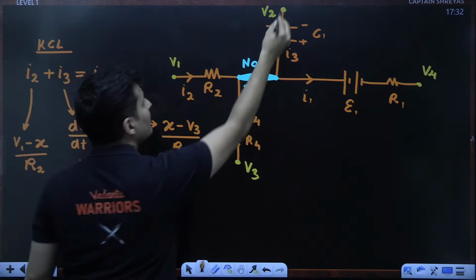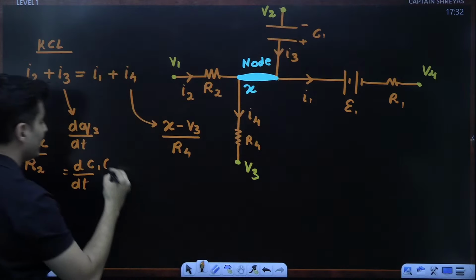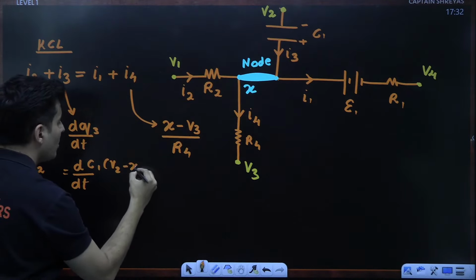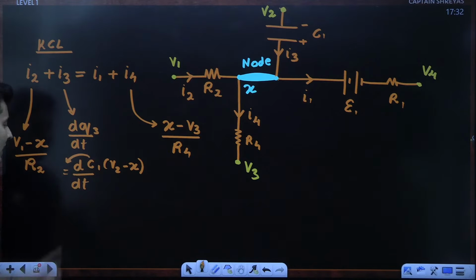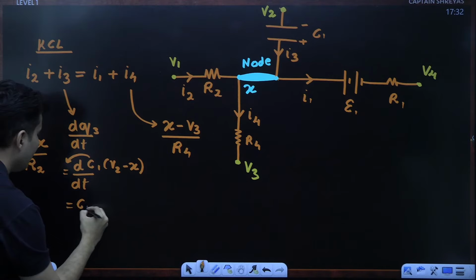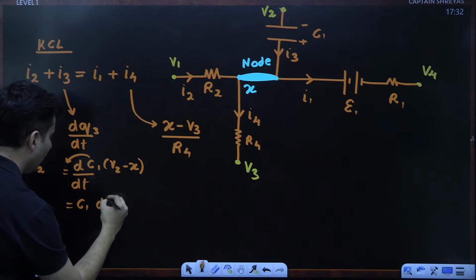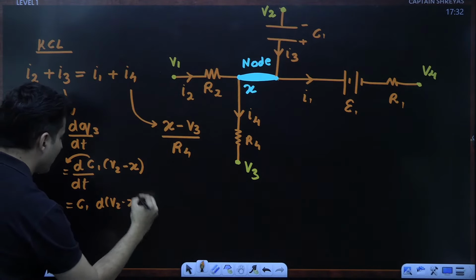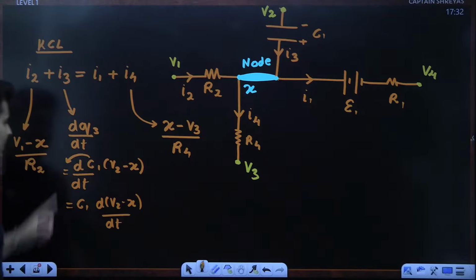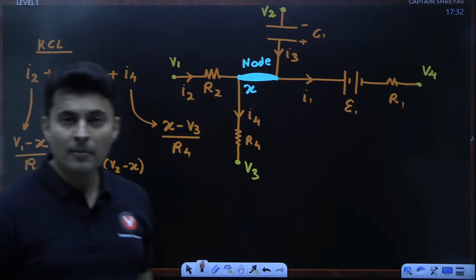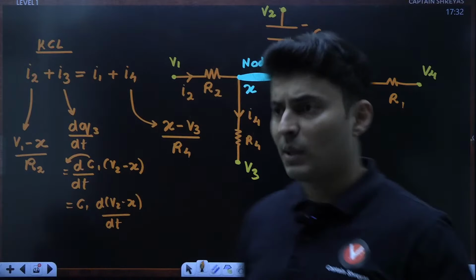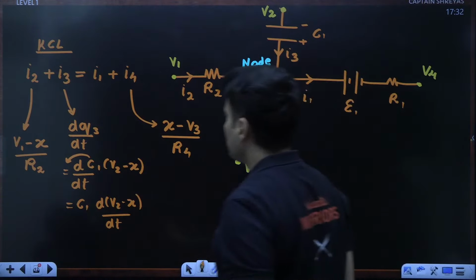What is the voltage between these 2 points? V2 minus X. You can put V2 minus X over here. If you want, take capacitance 1 outside. So it will just become C1 into derivative of V2 minus X divided by dt. That is also what you can write I3 as. Is that clear, everyone? With me on this?